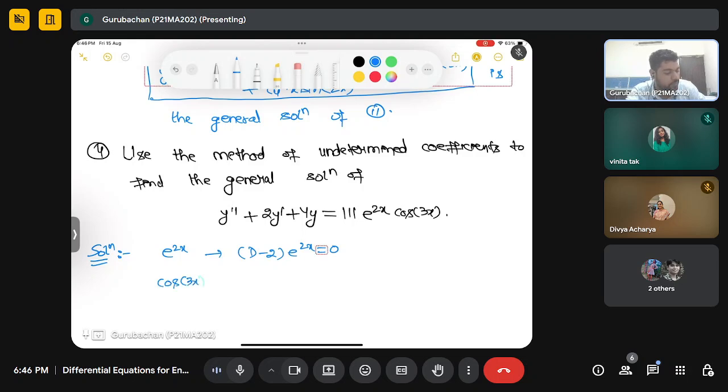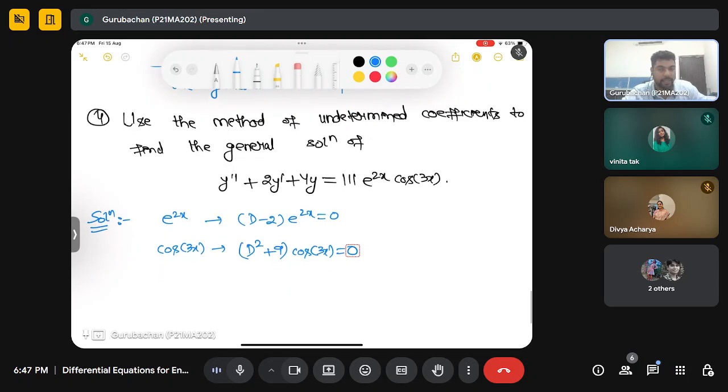While for cos 3x, what do we need? Cos 3x, sin 3x is a solution corresponding to plus minus 3 iota. So, corresponding to plus minus 3 iota, we need the differential operator to be like this: (D square plus 9) cos 3x equal to 0.